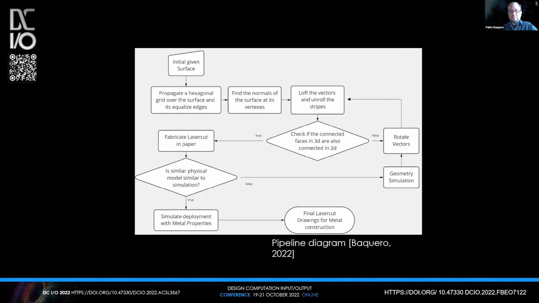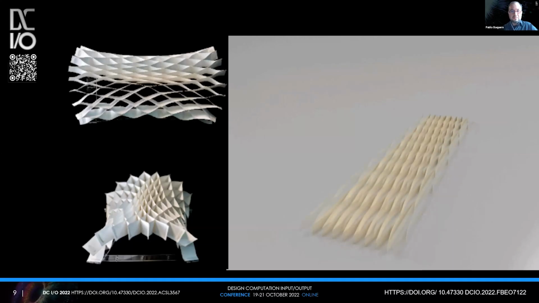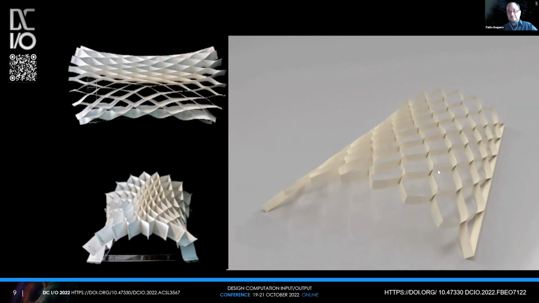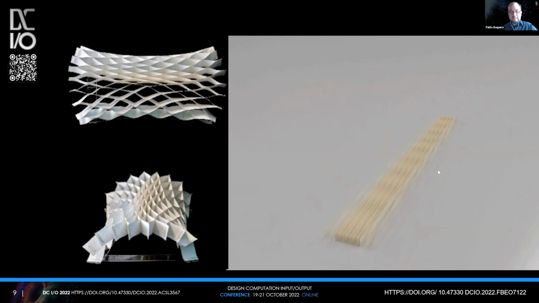So basically, what we do here is test the way the surface is deployed and, at the same time, how it is constructed. So we keep changing back and forth in the simulation state. We have also tested it physically, and with simulation on the right side.